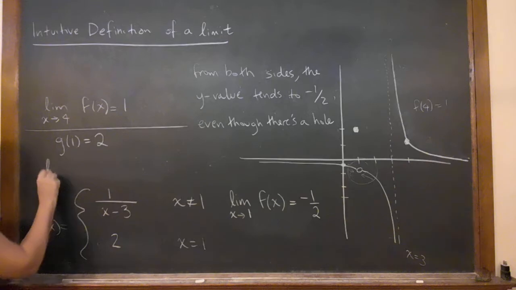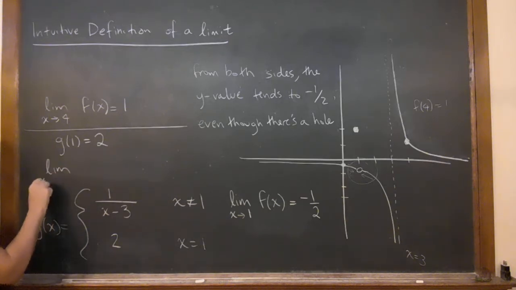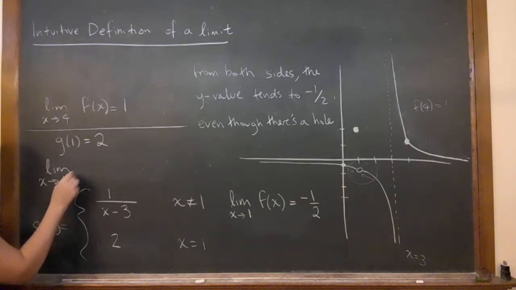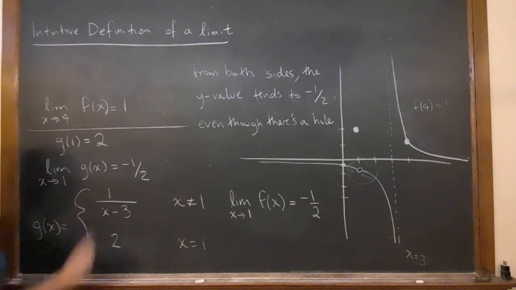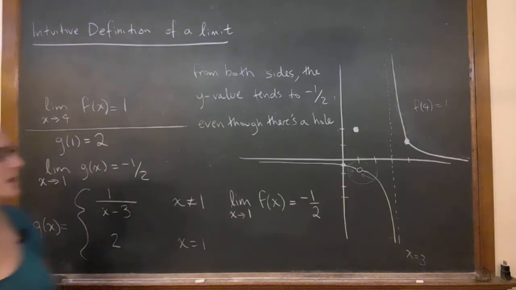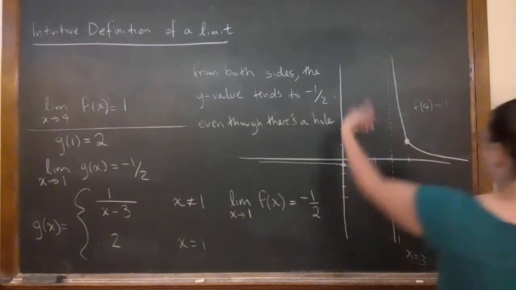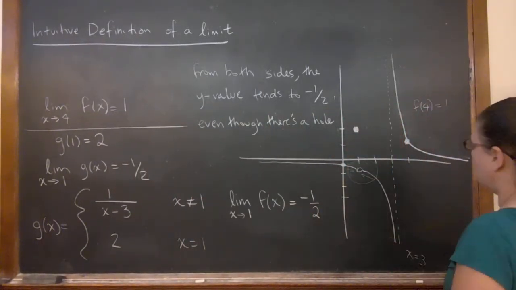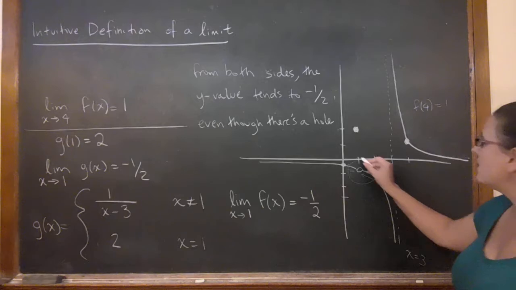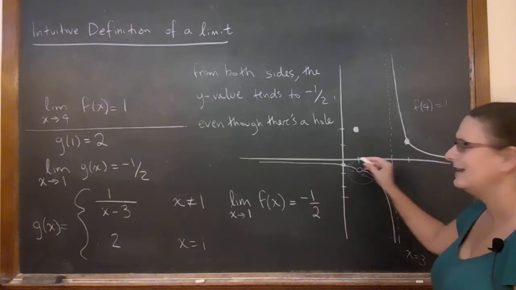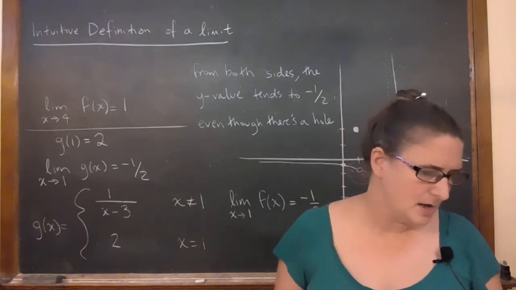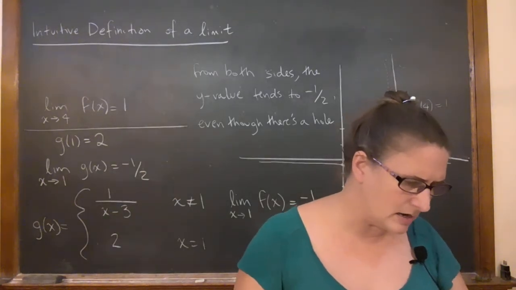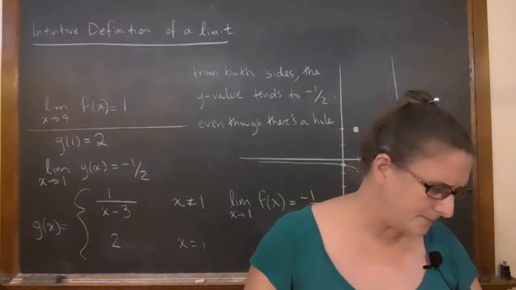So if I ask what the limit is as x goes to 1, I'm still going to get that value of -1/2, because this guy is an isolated point off wherever, but the function around that point is still doing the same thing. Okay? So that's kind of the idea of the limit.